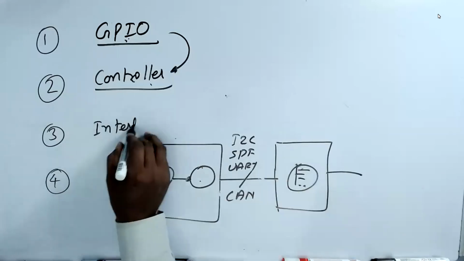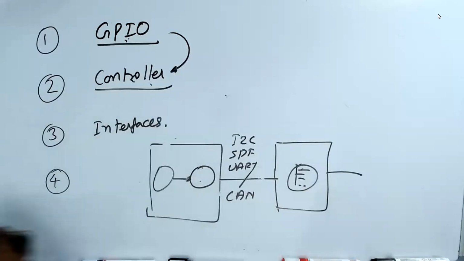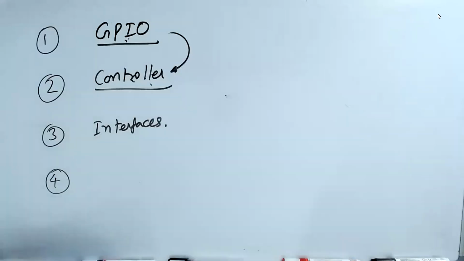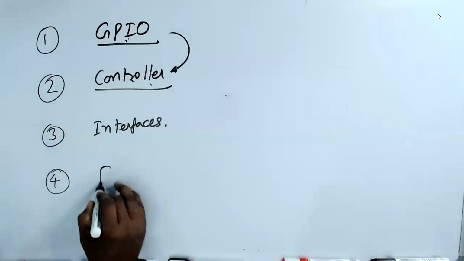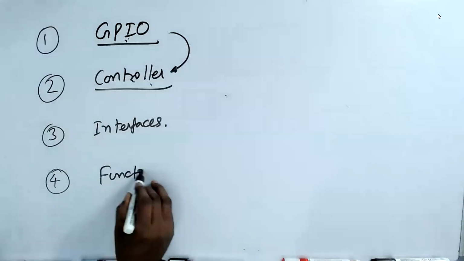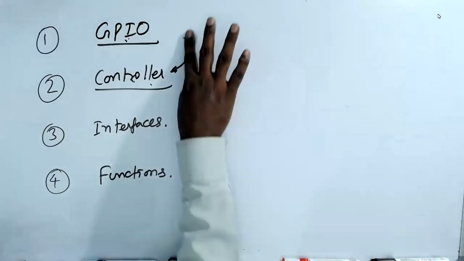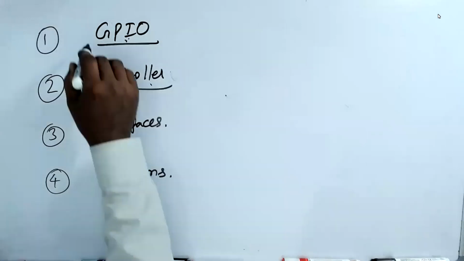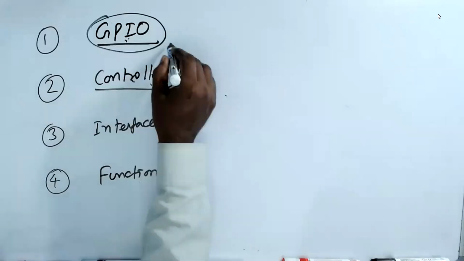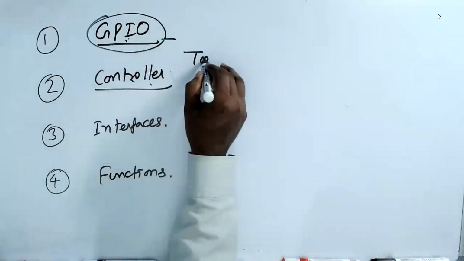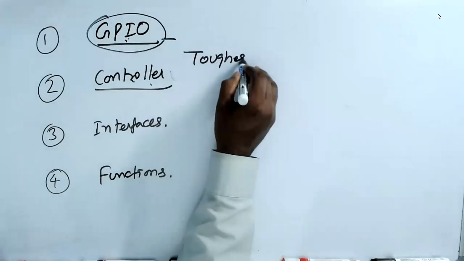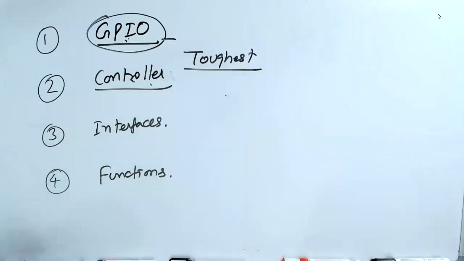Now people make life much easier. The fourth one is called functions. What I'm trying to convey to you is that what you are doing right now is the toughest. Don't ever think that what is coming later is the toughest.